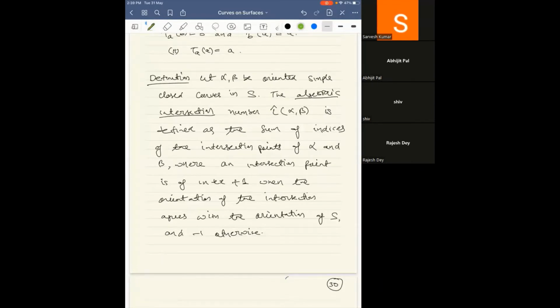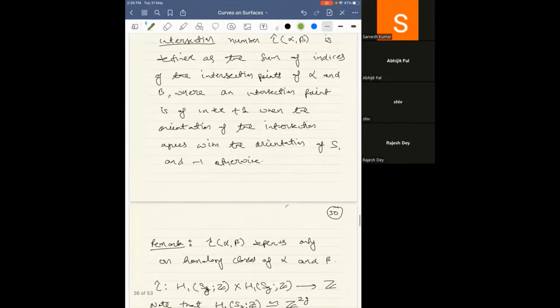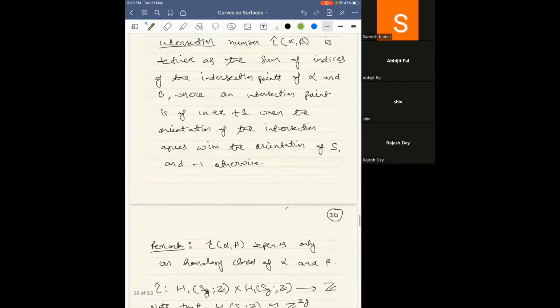Because there is an orientation of the surface, you can choose one orientation. So for example, let me just draw it here.